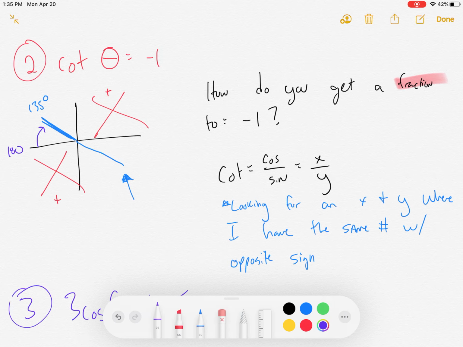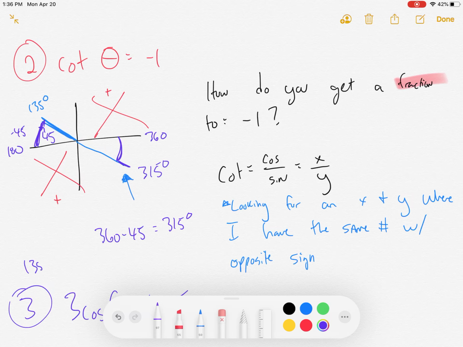So, again, this is 180. How do you get from 180 to 135? Well, you need to subtract 45. So that means your reference angle is 45 degrees. Okay, so what is this angle right here going to be? Well, this is 360. I'm going down from it, so 360 minus 45 should give us 315.